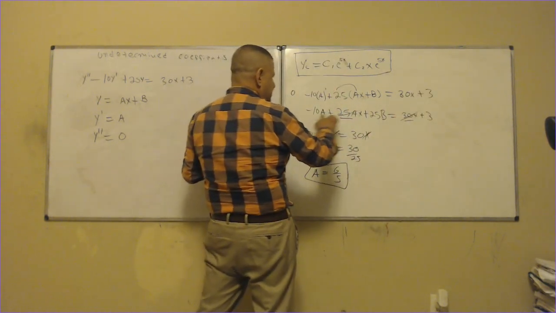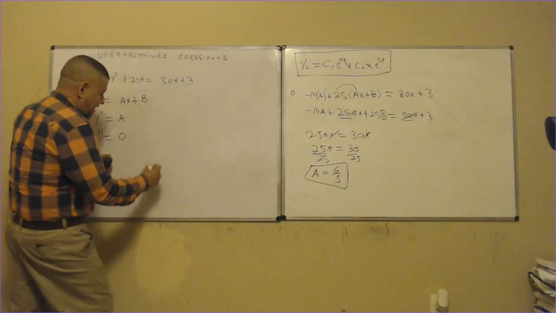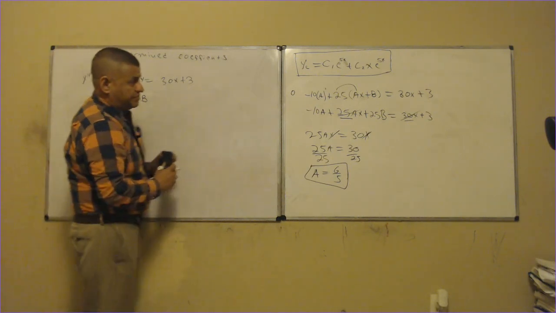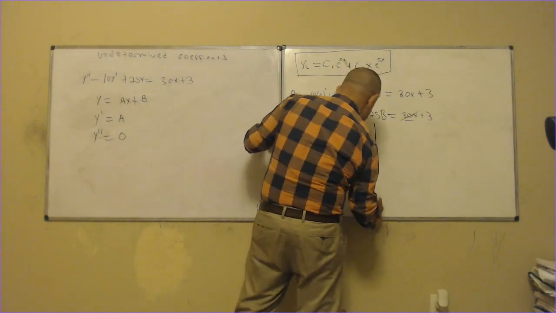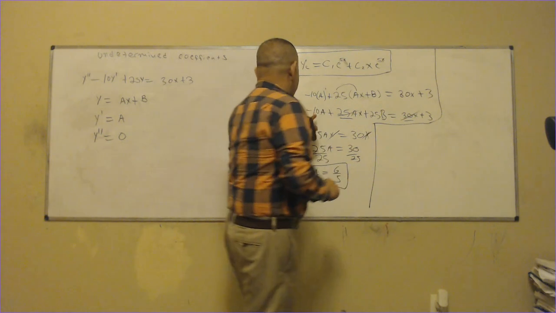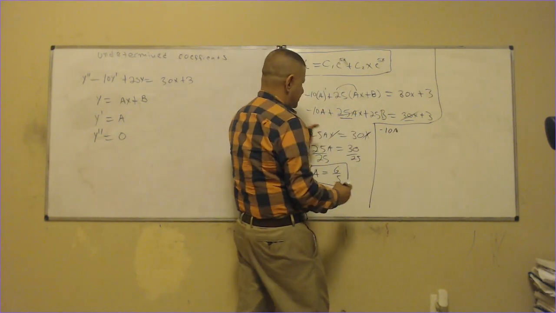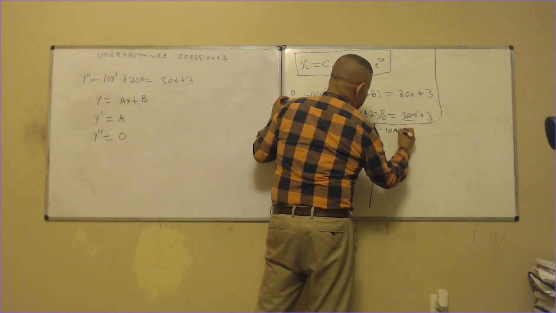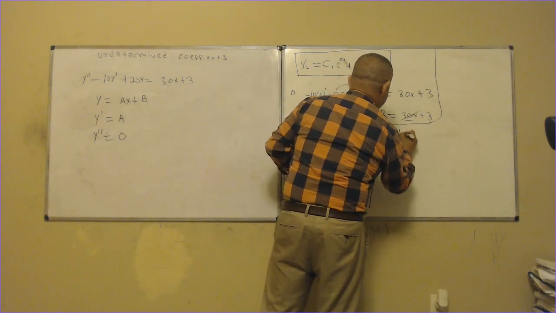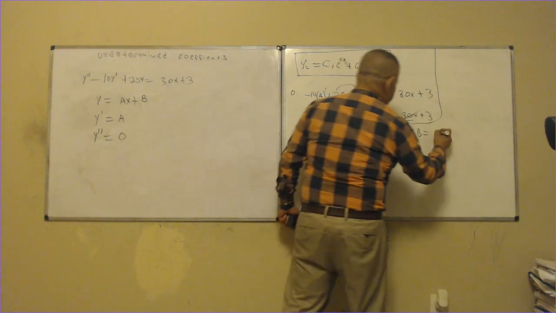All I need is this, so let me do it right here. So 10a plus 25b equal to 3, right?